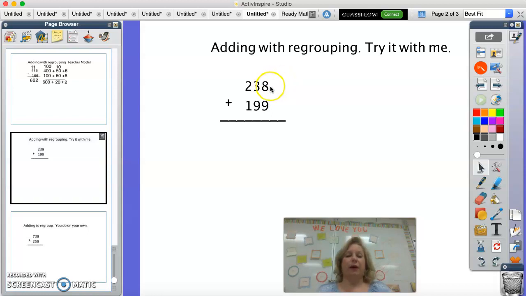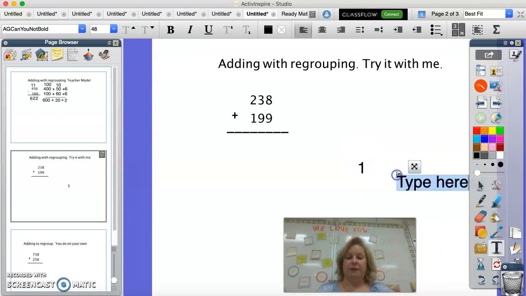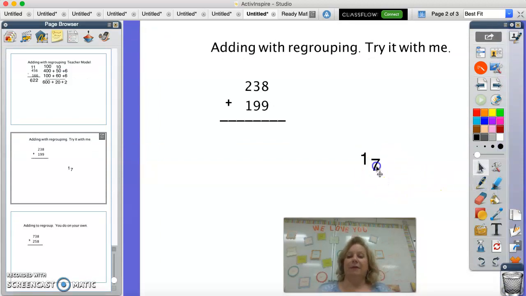Okay, so I know 8 plus 9 is 17. So I'll write my 17. I bring my 7 under my ones, and I'm regrouping my 10 that's left over. So we're going to put it up here in the tens place value. So we have 9, 10, and 3 is 13.